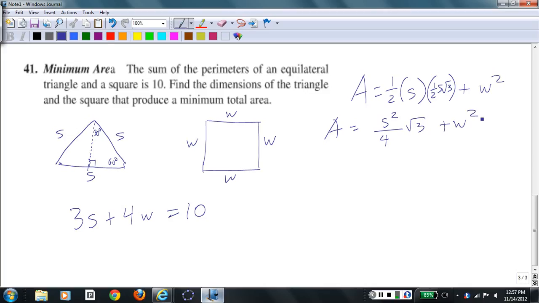And then you just have to decide. This is the quantity that you want to minimize. Would you rather work with S or W?